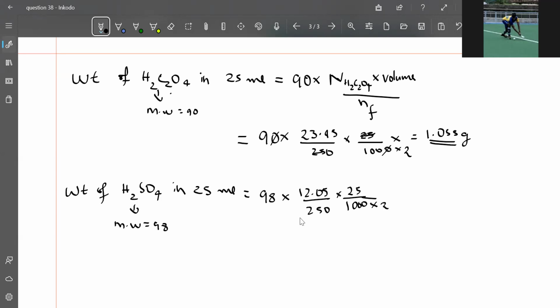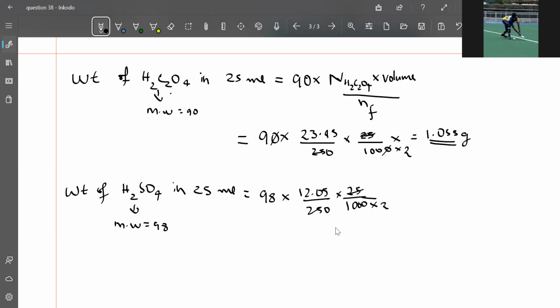The 25 gets cancelled, so you have 98 multiplied by 12.05, divided by 10,000, divided by 2.